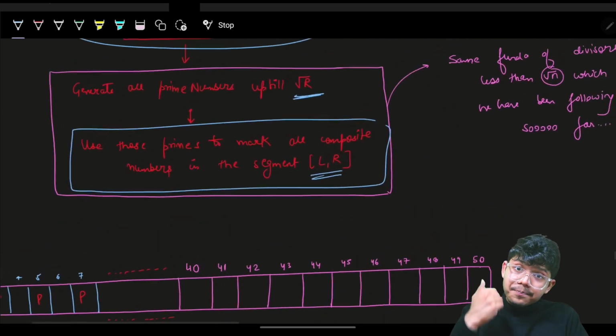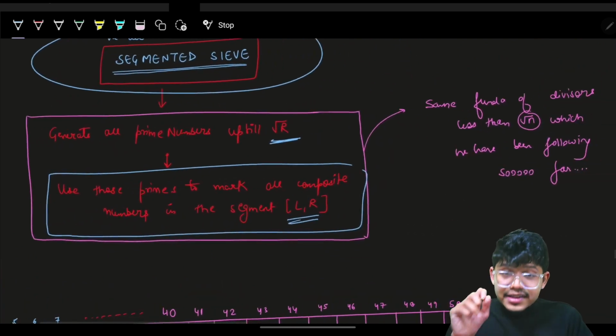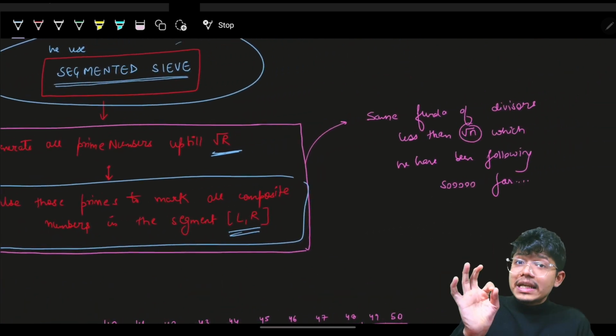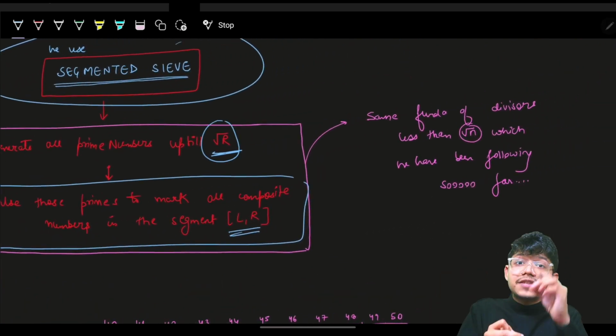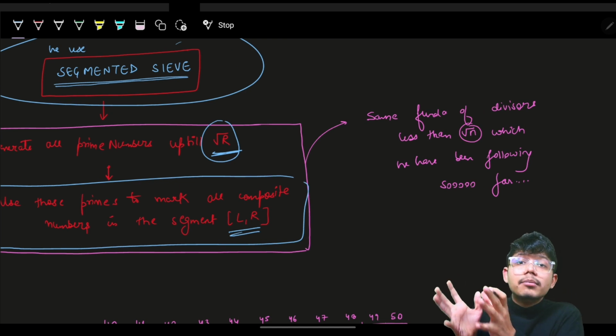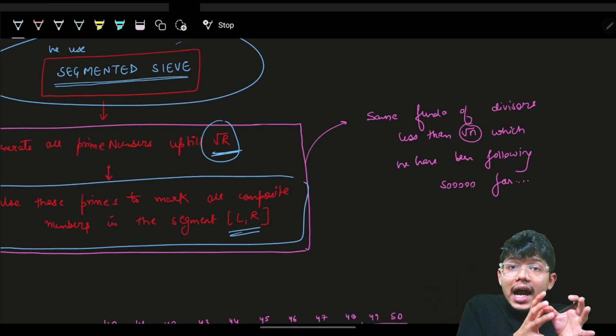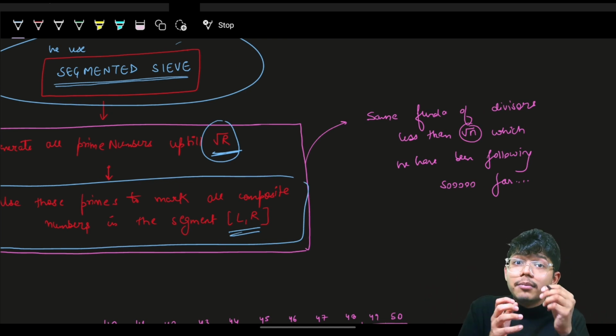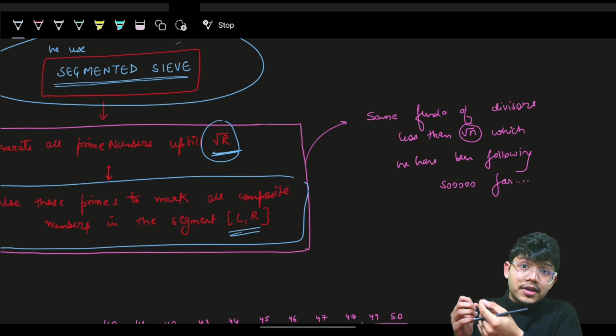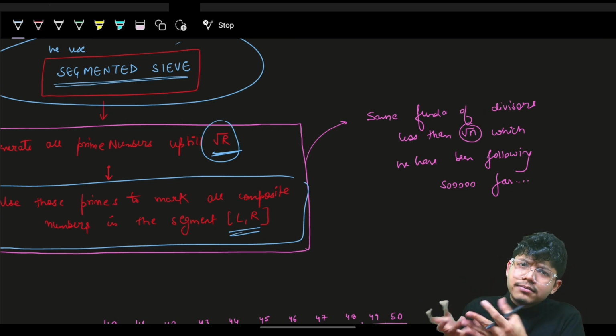Composite is not a prime number. That is the reason I have specifically mentioned that this root R thing is very important to understand how the numbers work before root R and after root R. What's the specialty about those numbers which are before root n or root R?